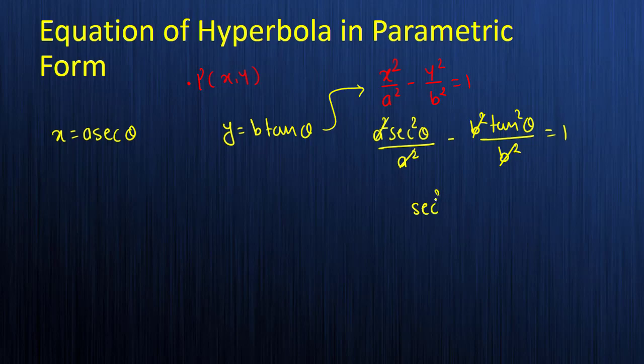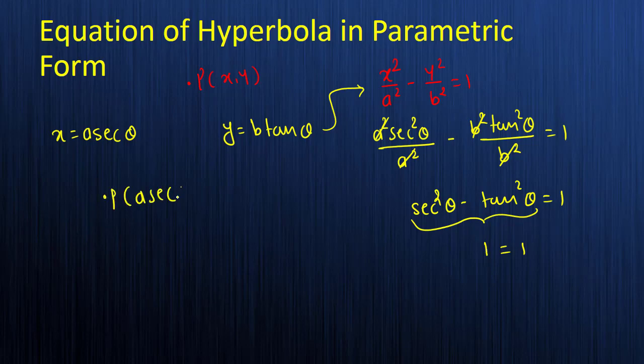So sec square theta minus tan square theta equals 1, and we know that this value is 1. So 1 equals 1, that is LHS equals RHS. This means P(a sec theta, b tan theta) is the parametric form of the hyperbola.